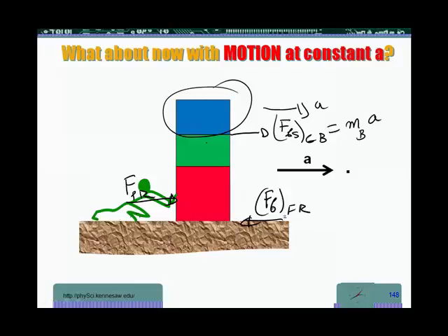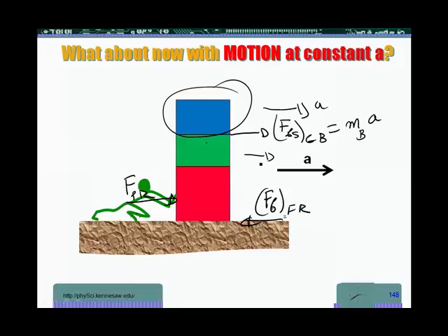Now let's look at the green one. It is accelerating as well. So that means the forces are not balanced. It is accelerating in the same direction as the rest, so it must have an unbalanced force along that same direction. What are the forces that are acting on the green along the horizontal? The vertical ones, we dealt with them already.